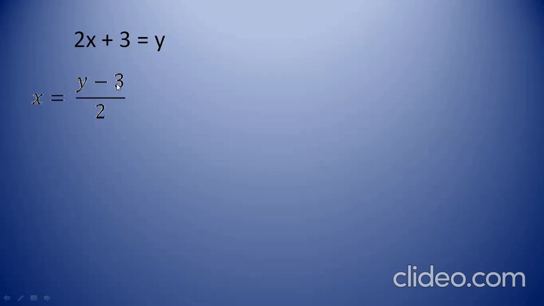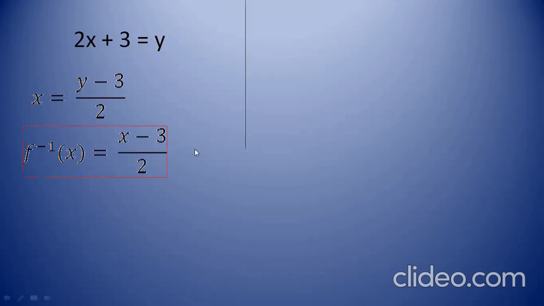So we can say x is equal to (y minus 3) upon 2. We can easily get the input by (y minus 3) upon 2. That is the reverse process. So the inverse of the function is equal to (x minus 3) upon 2.